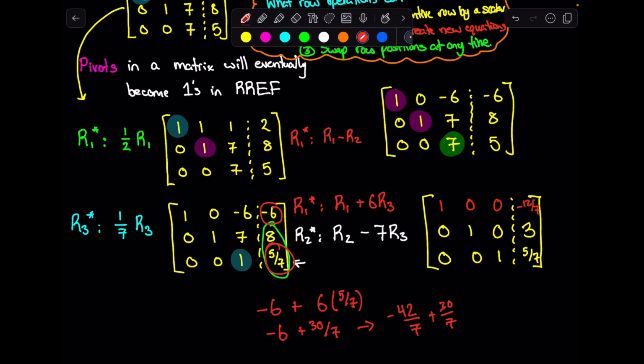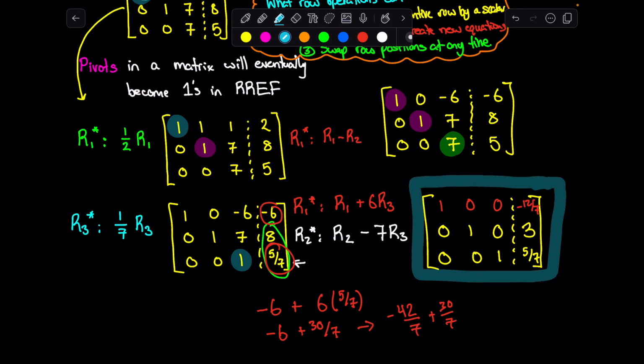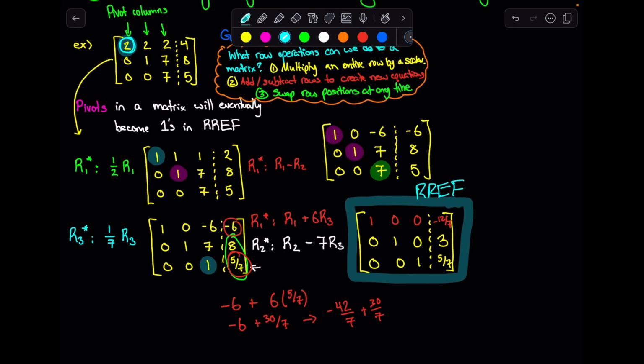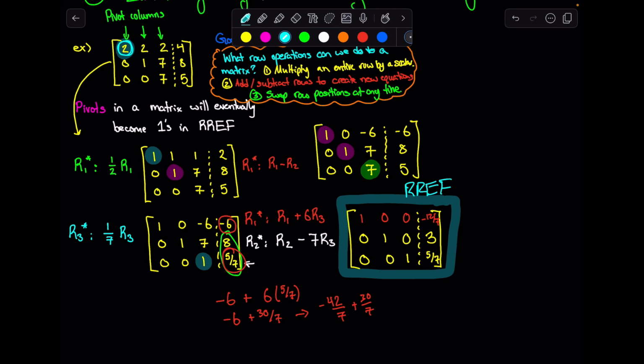And this is our row reduced echelon form. Okay, this is row reduced echelon form. We have accomplished what we set out to do. And so this is useful for a couple of reasons. The first reason is, remember that this is my x1 column, this is my x2 column, and this is my x3 column.